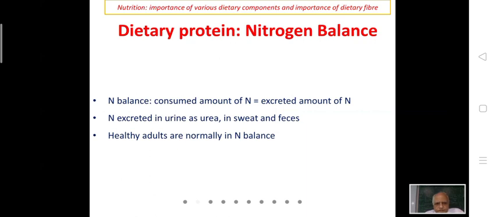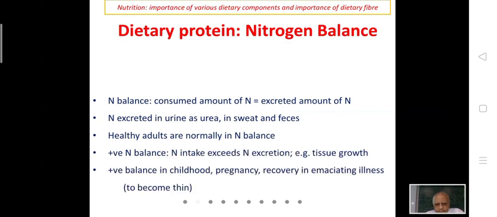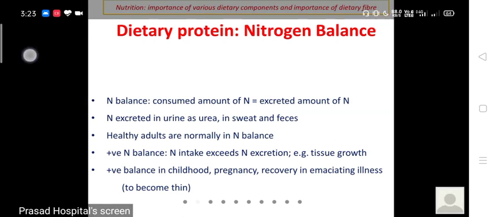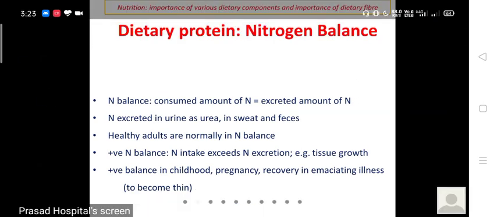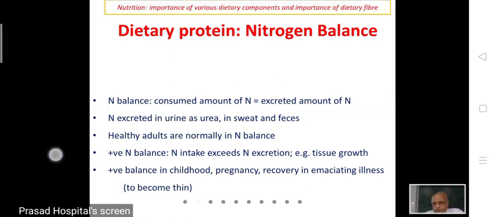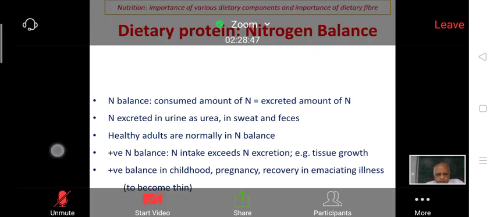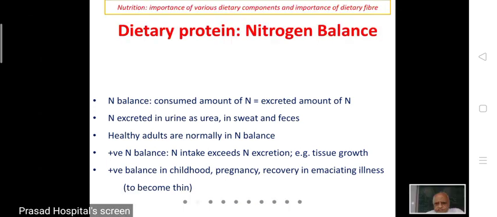Positive nitrogen balance means nitrogen intake exceeds the excretion. This is called positive nitrogen balance, and it is seen in tissue growth. Positive balance of nitrogen is also seen in childhood, in pregnancy, and during recovery, in emaciating illness also.